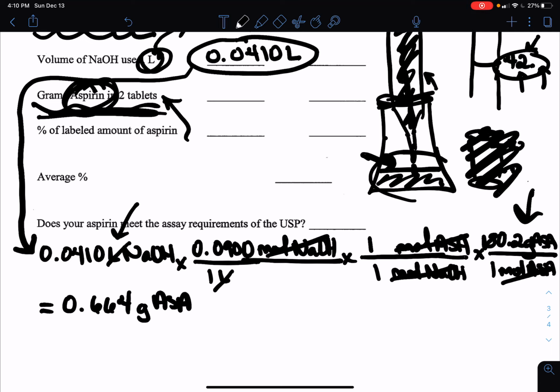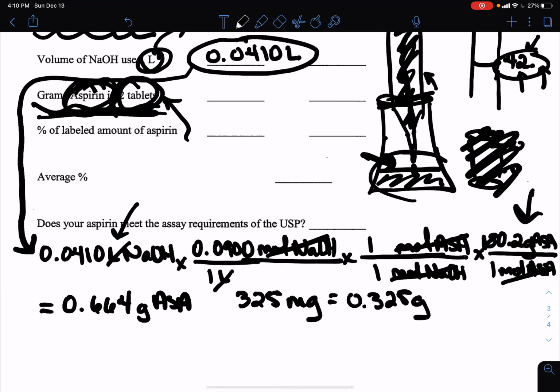Now this is looking pretty good because aspirin tablets tend to be 325 milligrams a piece. And 325 milligrams is the same as 0.325 grams. And we have 2 tablets. So if we multiply that by 2, we would get 0.650 grams of acetylsalicylic acid.